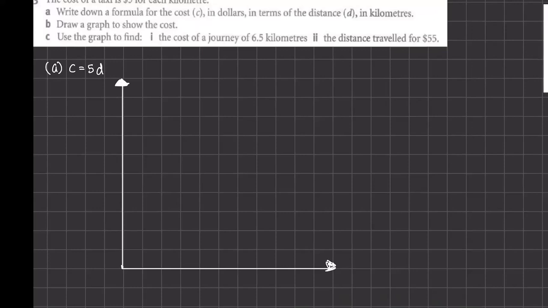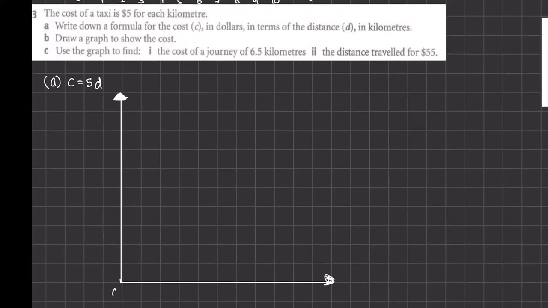Draw the graph to show the cost. Okay, I'm just going to draw it here. So 0, 1, 2, 3, 4, 5, 6, 7, 8, 9, 10. This is kilometers. And then my cost should be here. 5, 10, 15, 20, 25, 30, 35, 40, 45.